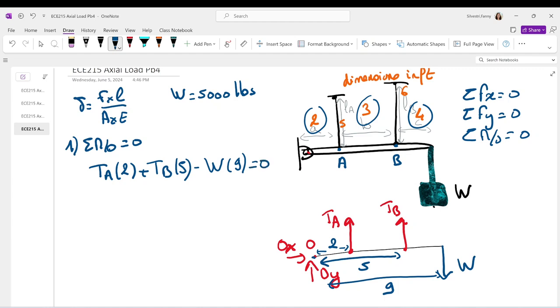So we can write this equation: 2 TA plus 5 TB equals 9 times 5,000.